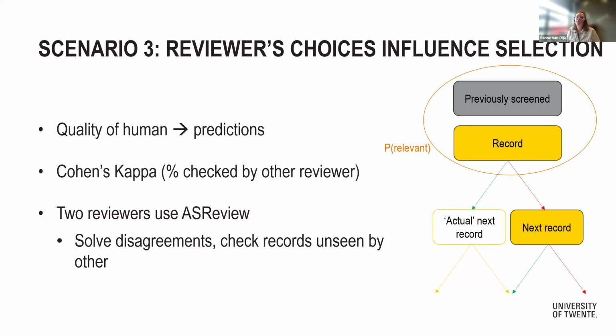Our approach included checking the choices of the first reviewer by a second reviewer. And we evaluated those choices for inter-reviewer agreement. But there are also alternatives like performing the screening with two reviewers independently, and then double check with each other for disagreements and articles that are seen by only one of the two reviewers to receive sort of agreement in another way.